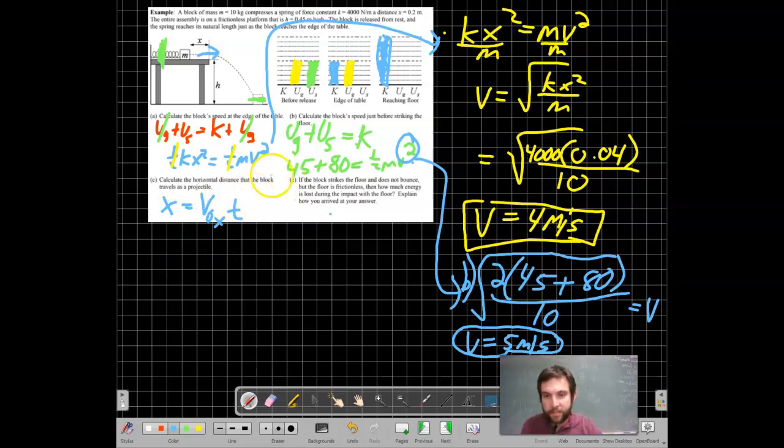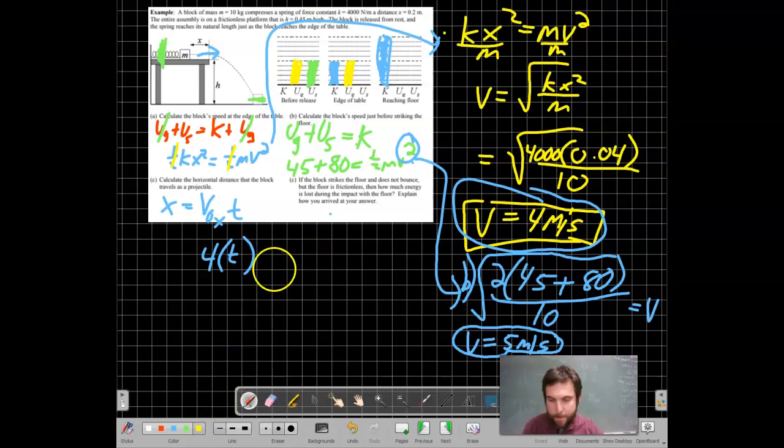So initial velocity in the x, that's going to be this right here, which is 4 times t. Uh-oh. We don't have t. We're going to go to our y equations. Y equals 1/2 gt squared. Solve for t.